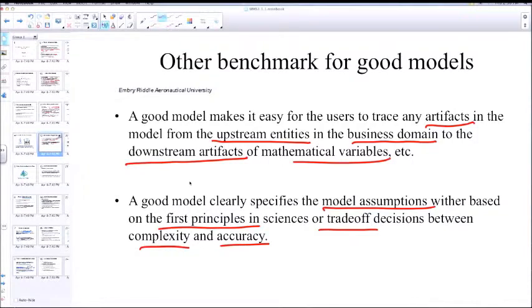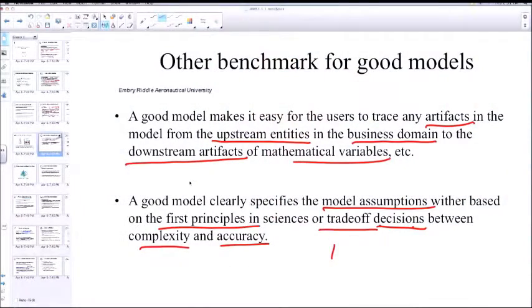Of course, the more accurate you want your model to represent your real-world system, the more complicated your model is going to get, and the harder to solve it. You always need to make those trade-off decisions, but you also need to document it.